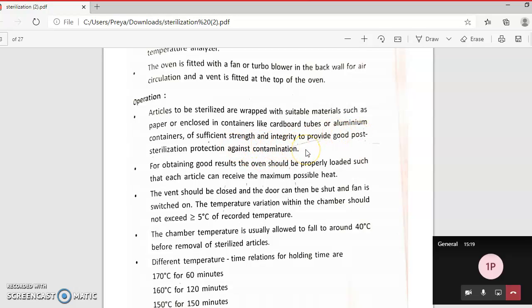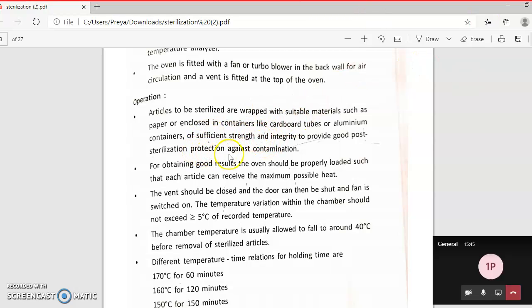And again, why do we have to wrap with the papers? To have sufficient strength and also to protect against contamination, right? After sterilization, we transfer the packed material into the sterile area, and in the sterile area we remove that paper and use that petri plate, right?